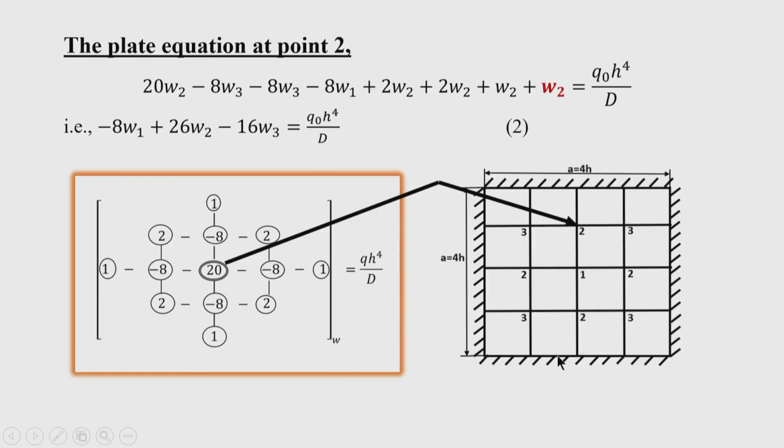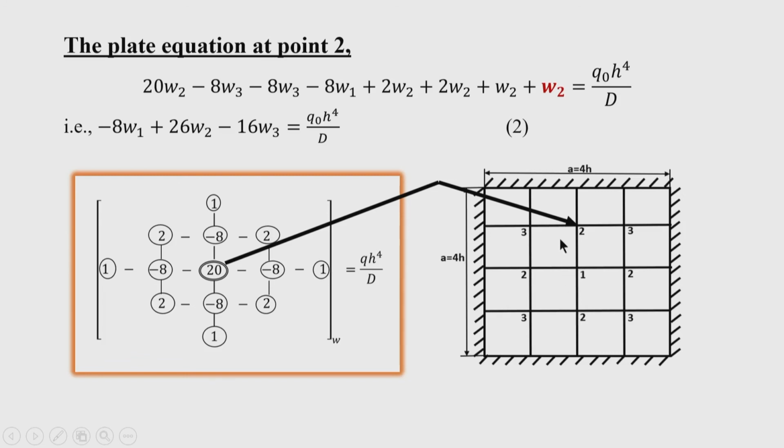Next, place the stencil at node 2. After placing the stencil at node 2, you can see this minus 8 here and 1 is falling on the edge, so naturally the deflection will go to 0 because there will be no deflection at the edges. Similarly, here and here you are seeing minus 8 and here 1.